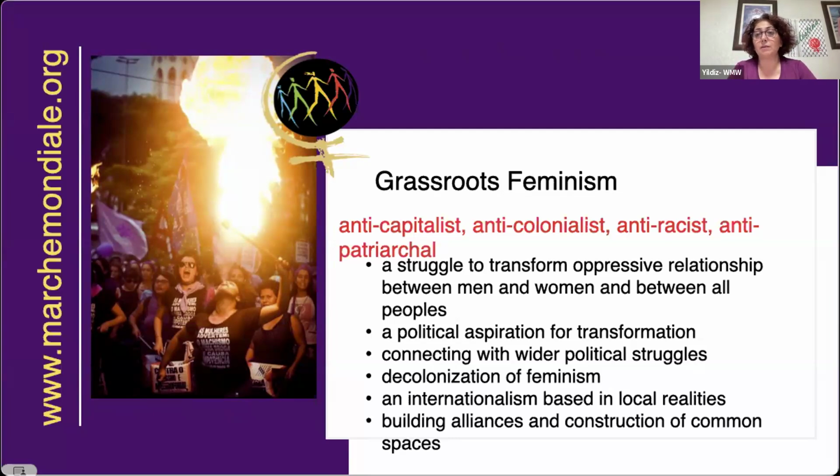So this is what grassroots feminism proposes: for our movement to establish ourselves and to strengthen our structure from local, national to regional, from regional to international level. We need to build ourselves in a stronger way in order to confront all these systems of oppression, in order to transform the world into a world we want to live in.